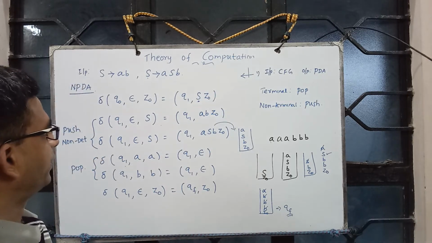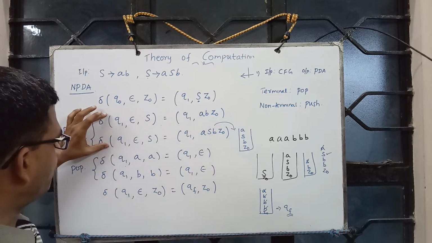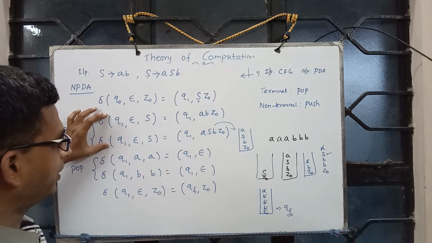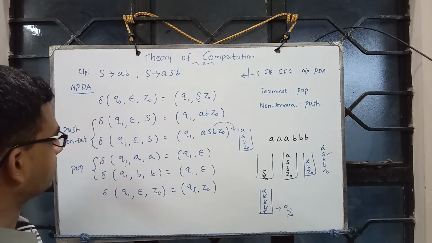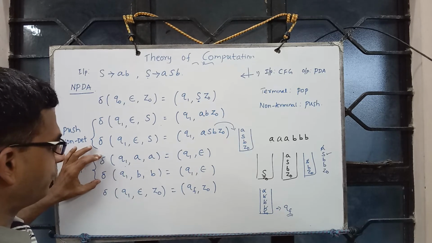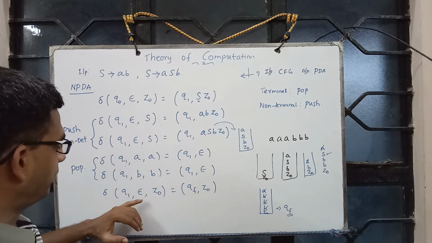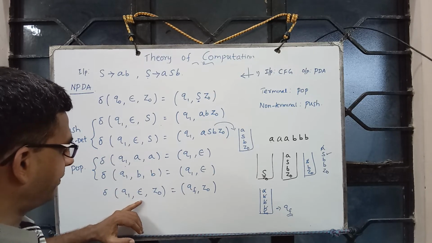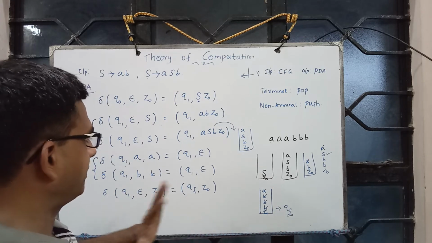Fine. So initially we push capital S, then all productions corresponding to the non-terminal we will write using Q1. And for all terminals we go for a pop, that is also written using Q1. And when input tape is empty, top symbol is Z0, reach the final state and accept.